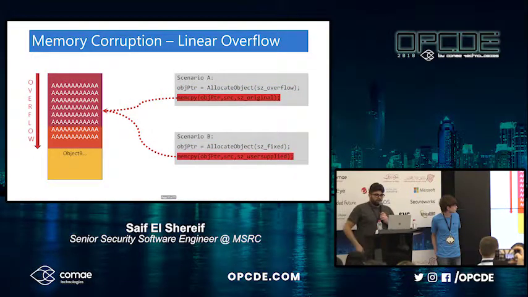In the first scenario, we copy using the original size before the integer wrapped around and the overflow happened, thus overflowing the memory adjacent to it. And in the second scenario, we're using a user-supplied value to copy data without checking that it is equal to or less than the object size that was allocated. In that case, we will overflow the memory that is adjacent to the object in memory, which is the linear overflow part of it.